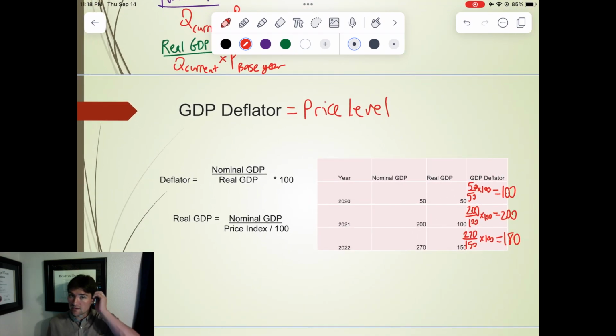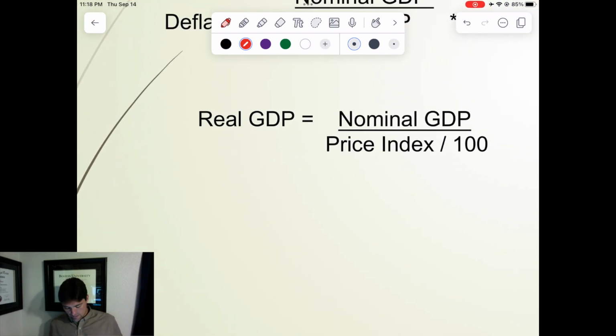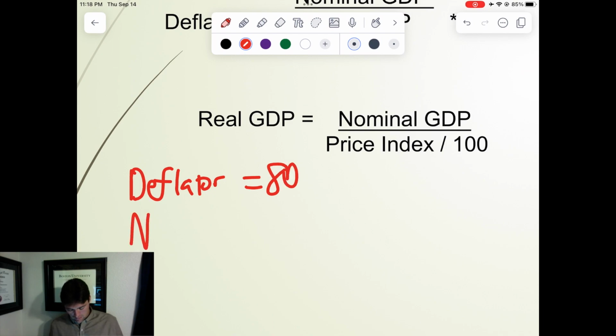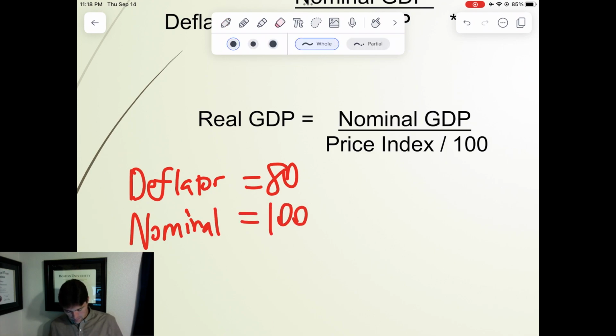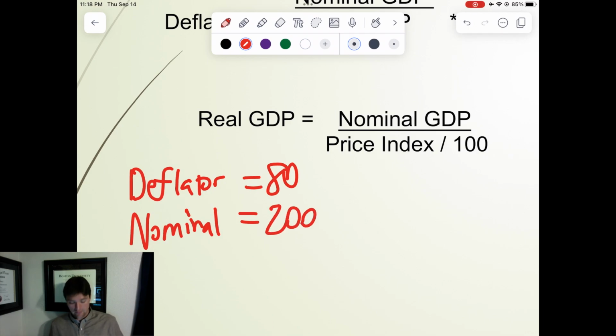Now, because this is an equation, you could use algebra to also figure this out. So basically, if I gave you that the deflator was 80, and the nominal was, let's do 200, we could also figure out the real GDP.